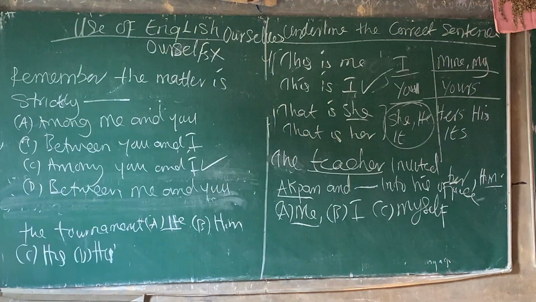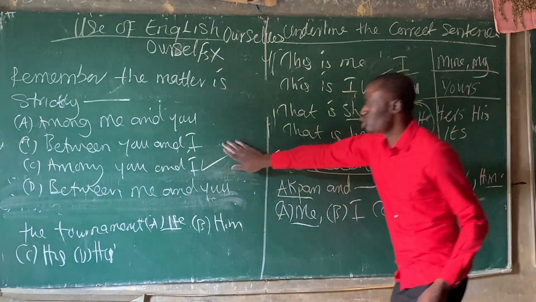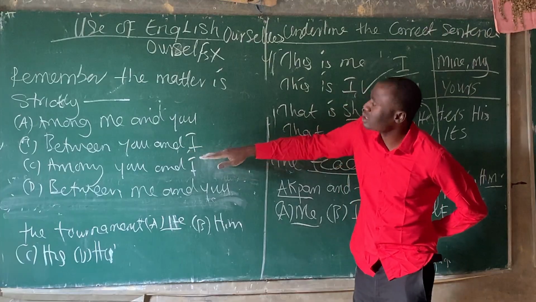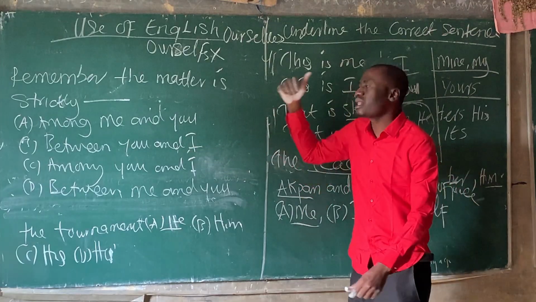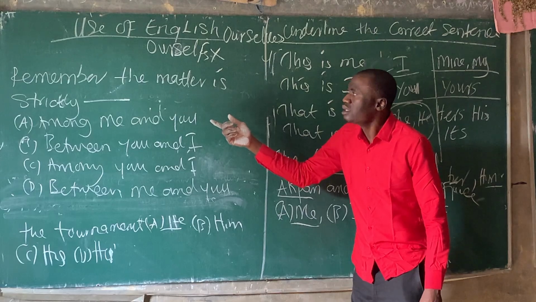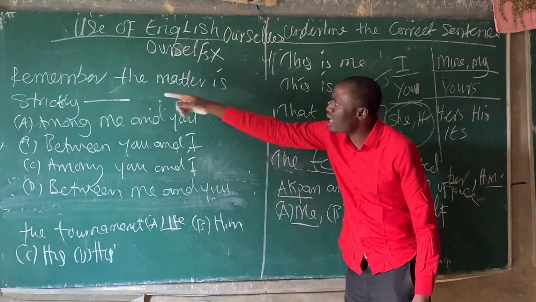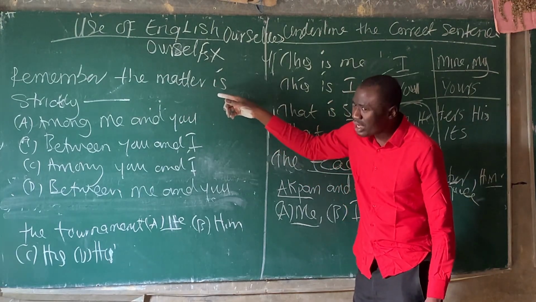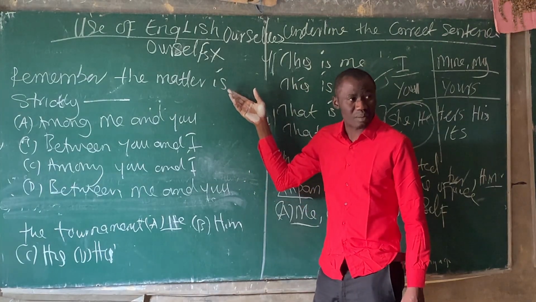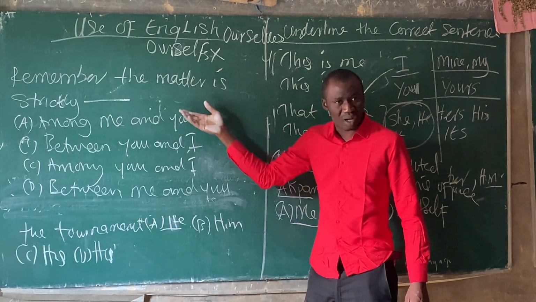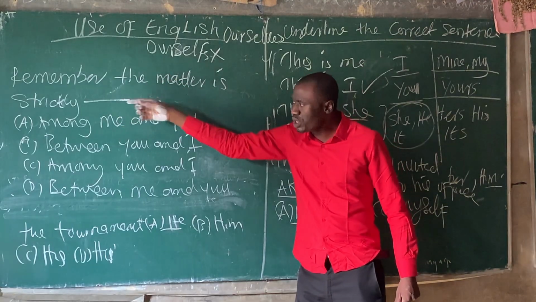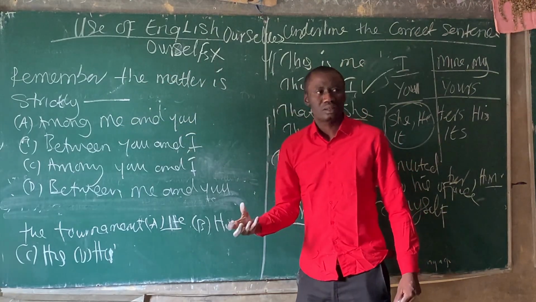I said if you choose among, you should go. It's between. Are we looking at subject or object? It's subject. Remember, the matter is, is the verb that is there. So after the verb or before the verb, the subject should appear. Is strictly between, so we're looking for subject, not object.